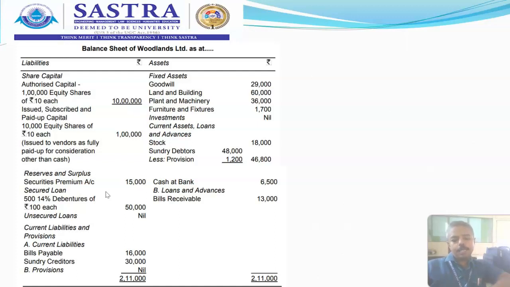Even in future, if some people who we assumed would not pay come forward and pay the value, then definitely it will be received. We need to adjust against the same provision which we have allowed in the earlier period. For the sundry debtors alone the subtraction has been done, whereas for the other assets the separate subtractions have not been carried out.